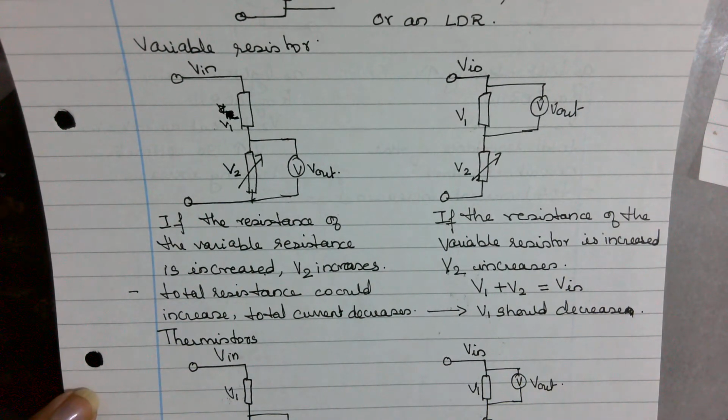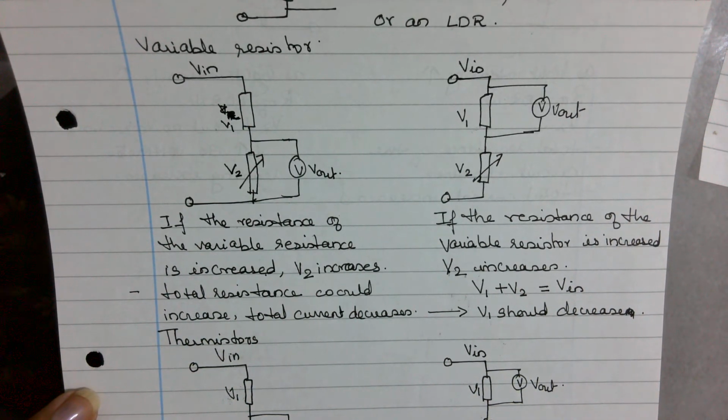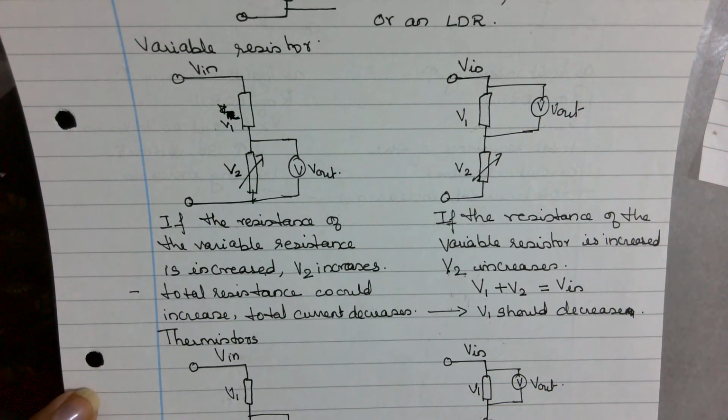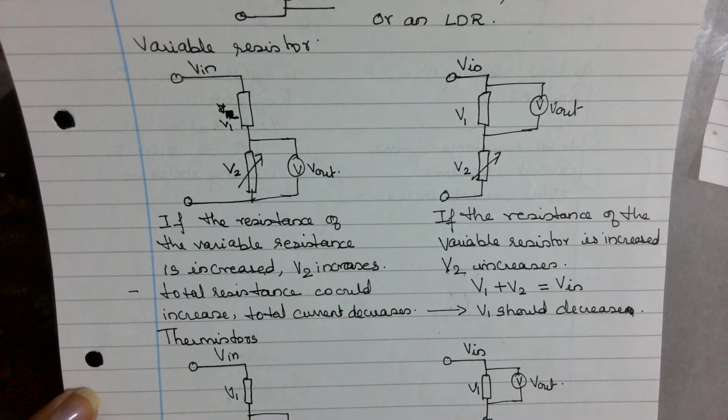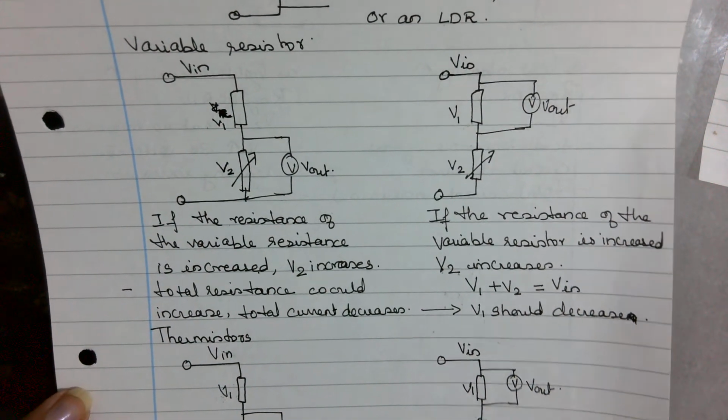If you're connecting the voltmeter across the component whose resistance is changing, whatever happens to the resistance, the same thing happens to the voltage also. If you are connecting it on the opposite one, then whatever happens to the resistance of the variable component there, the opposite happens. Okay, so I hope that much is clear to all of you.